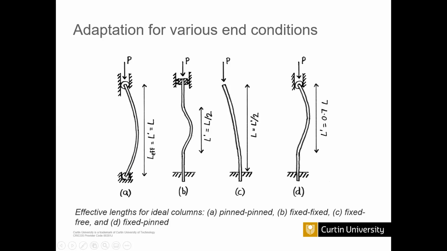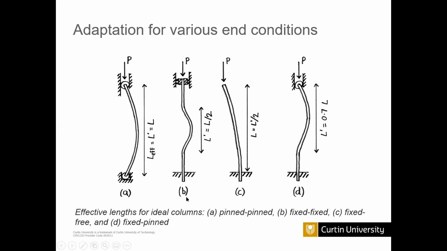So this column has freedom to bend like this without any problem. The two ends cannot move along the x-axis or z-axis, so only 1 degree of freedom. That's why it will bend like this. n equals 1, and the effective length is equal to the column length if it is a pin end.